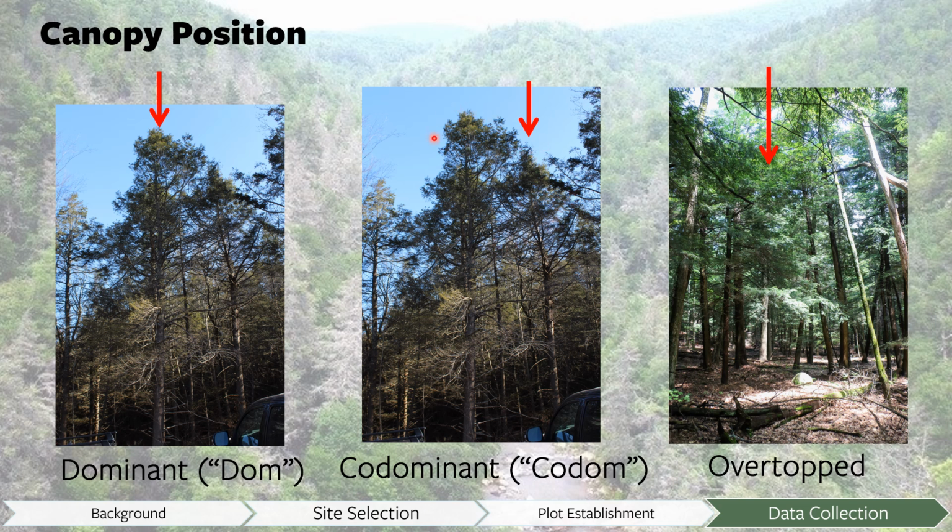Co-dominant is nearly the same height and occupying a similar niche in the canopy, but it's just slightly lower. And then this photo on the right side shows you an overtopped tree, where it's very clear that most of the trees around it, many trees, are quite a bit taller than it. So that's an understory tree.